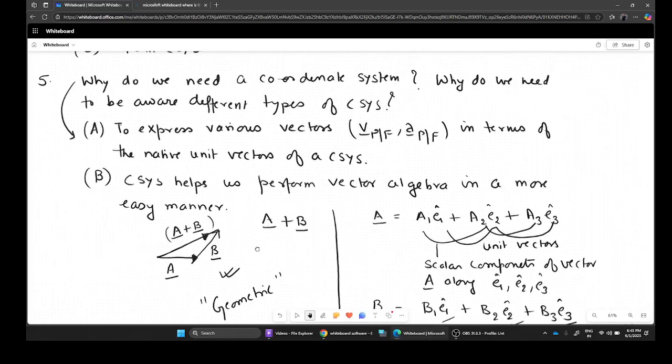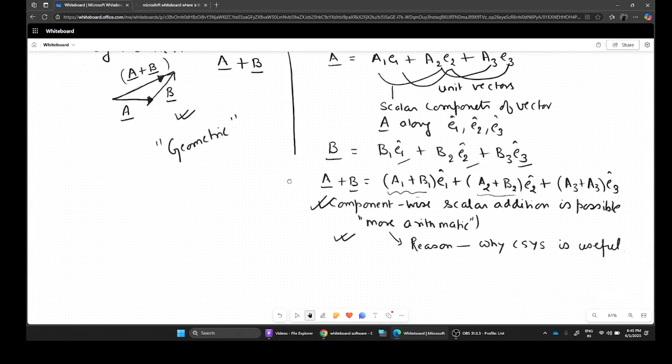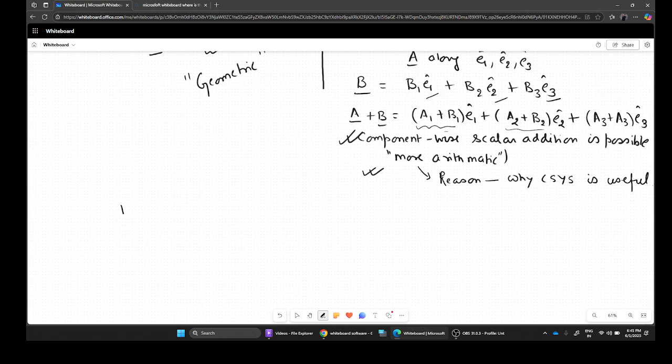Now, having answered the first question that I raised earlier, why do we need a coordinate system, I want to answer the second question: why do we need to be aware of different types of coordinate systems? Why different types?